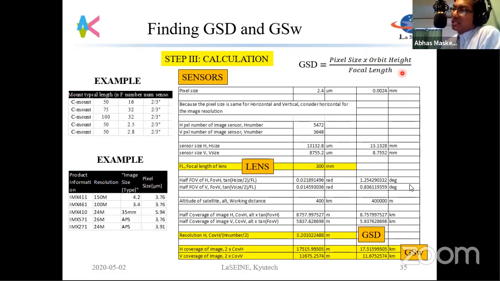You put the focal length here, and orbit height is around 400 kilometer. And then you make sure that the units are consistent, meter. So you'll get around 3.2 ground sampling distance. If you do it mathematically, you will see that too: 2.4 times 400 divided by 300. So it's around 3.2.